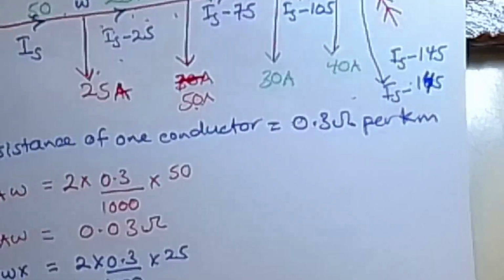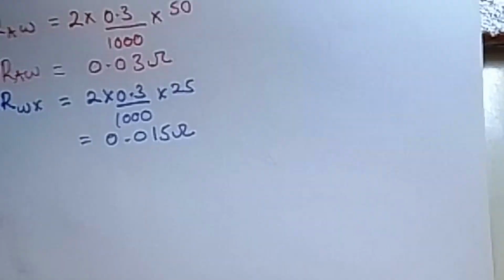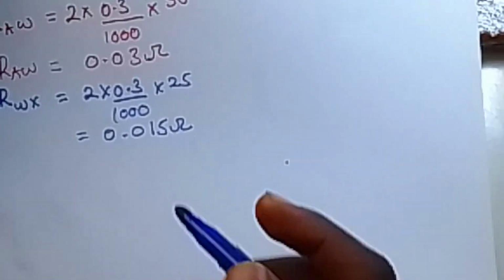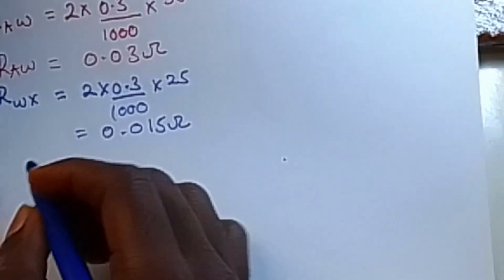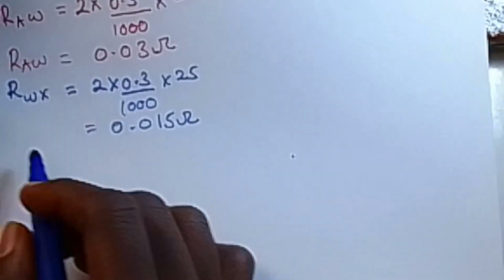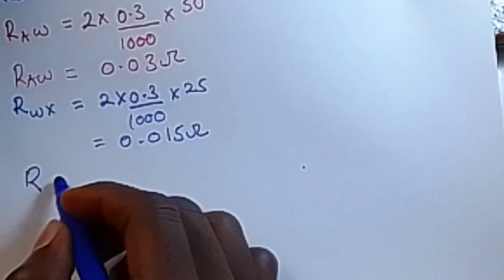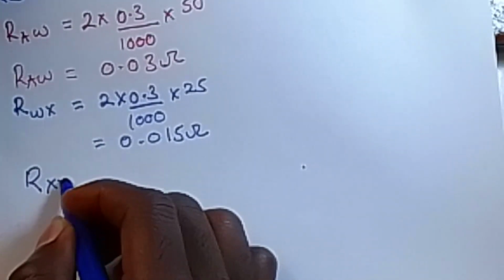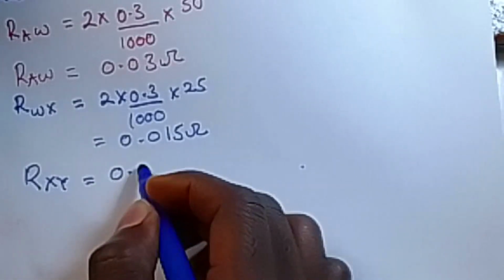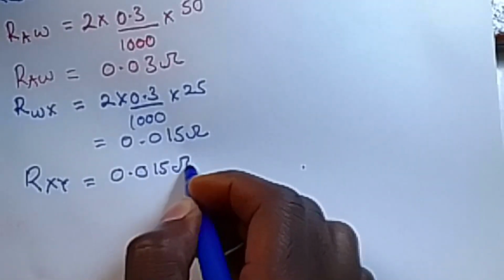But for the sake of time, I'm not going to calculate them. But in case you wish to calculate them, you can still write the same formula. So here, the value of resistance between section X and Y is also going to be equal to 0.015 ohms.